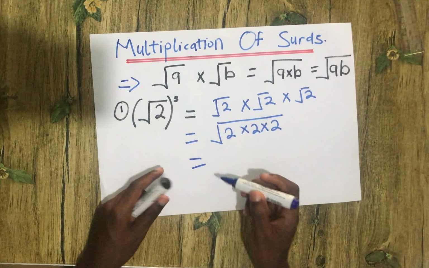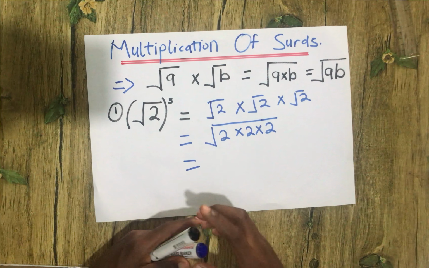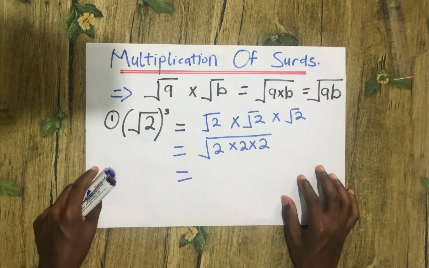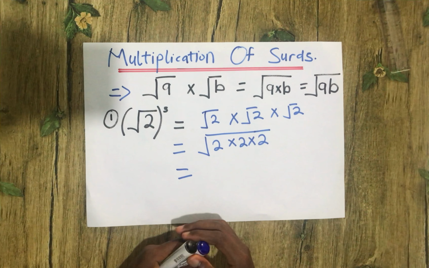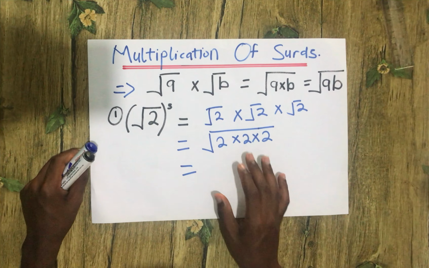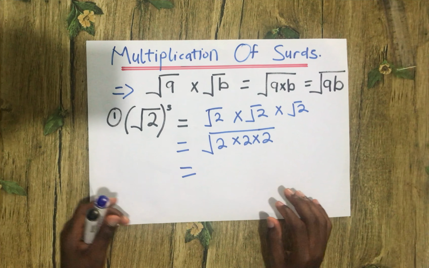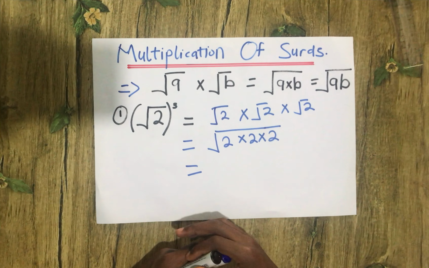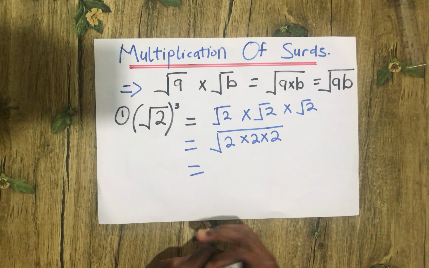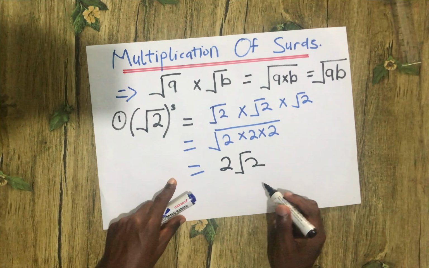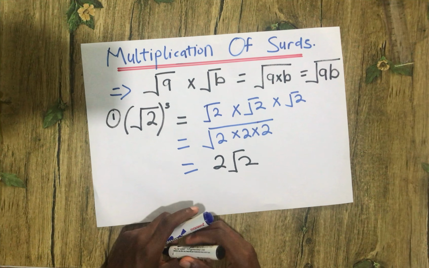As I said earlier, we have to look out for the squares of numbers and then we break them down. So now 2 times 2 gives us 4, and 4, as we all know, is the square of 2. Therefore, we get our final answer as 2 root 2.